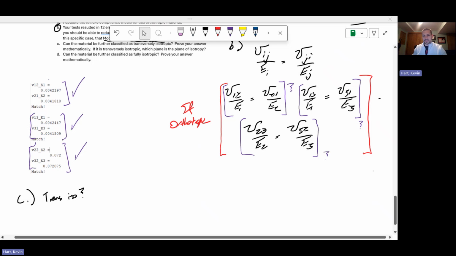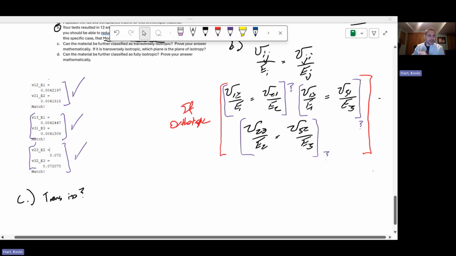There's a couple of different ways that you can think about it. You can think about it in terms of material properties, like relating E1, E2, E3, nu 1,2, G1,2, all that sort of stuff. You could think about relating stiffness matrix entries, like C11, C22, C33, or compliance matrix entries like S11, S22, S33.